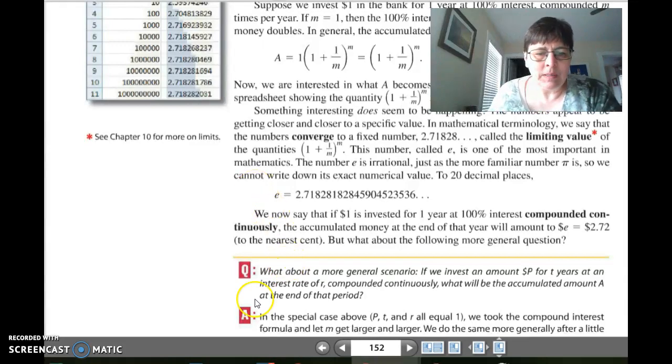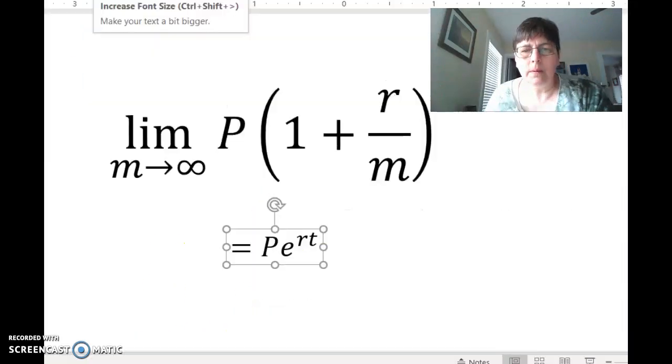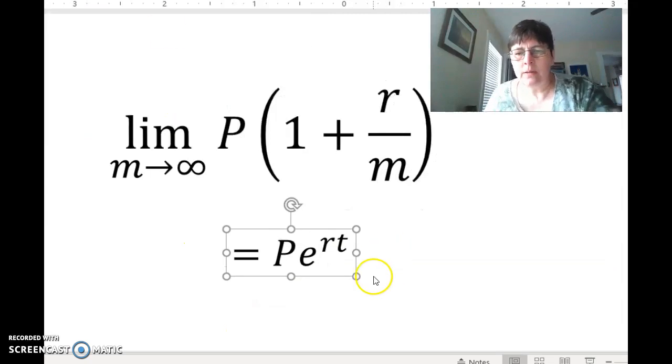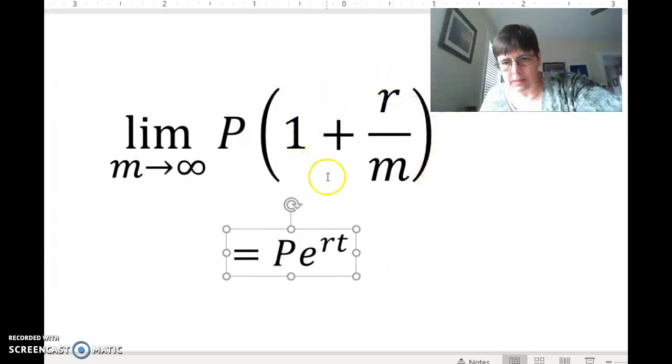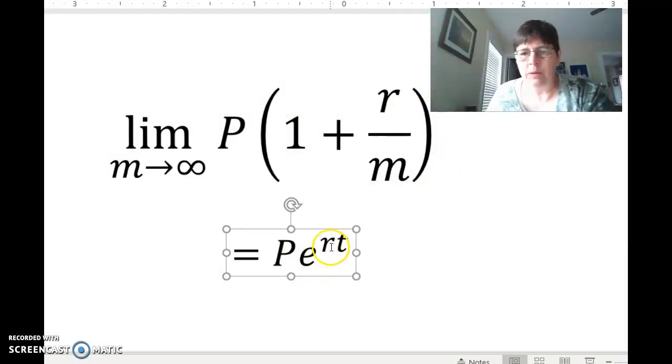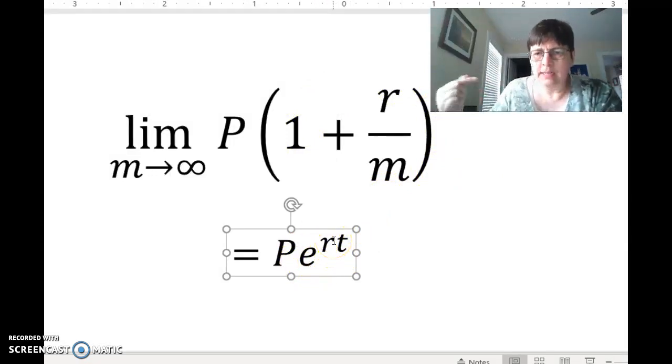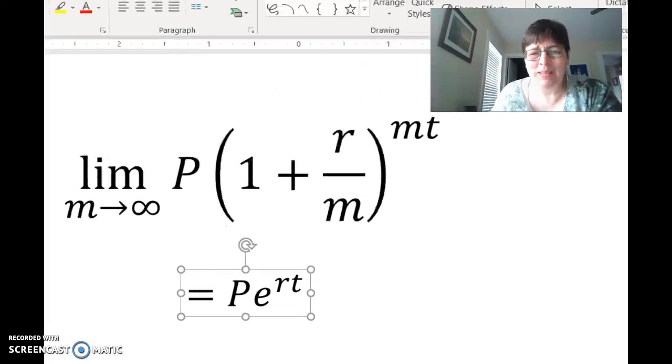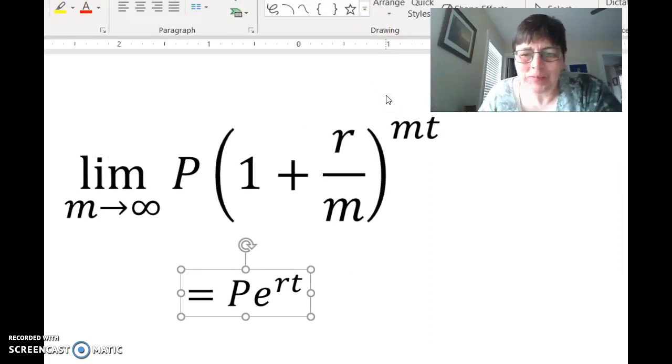And so the formula itself, I'll actually go to this formula. See, this piece right here is going to come down to e, and then we raise it to the rate times the time. So it's the only formula I know of that actually spells a word. So that's how I remember it so well.